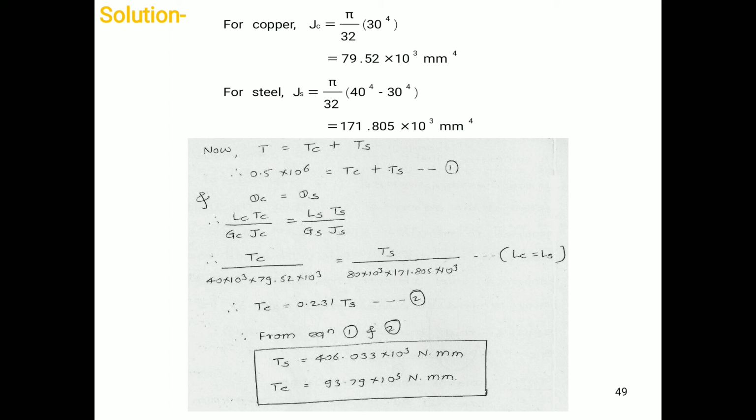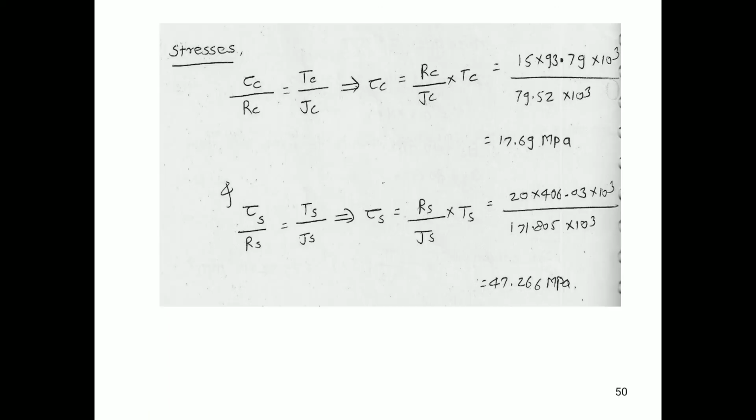Once you know the torque in both the shafts, you can easily find the shear stresses. As per the torsional formula, tau of copper upon R of copper is equal to T of copper upon J of copper. So from this equation the shear stress in copper is equal to Rc upon Jc into Tc.